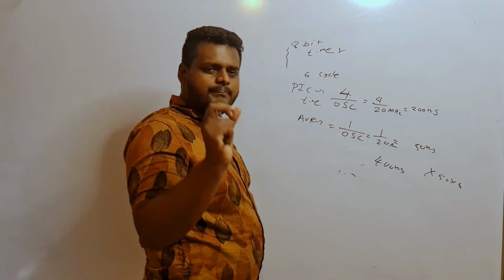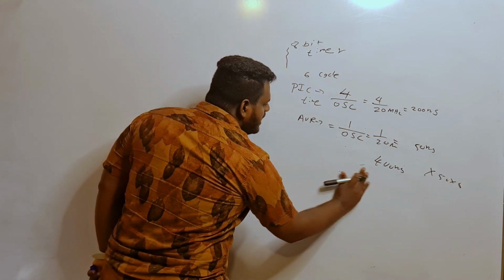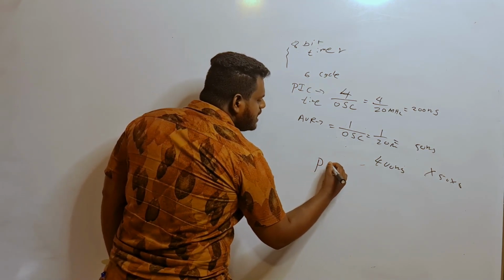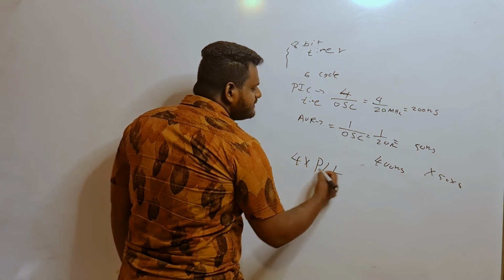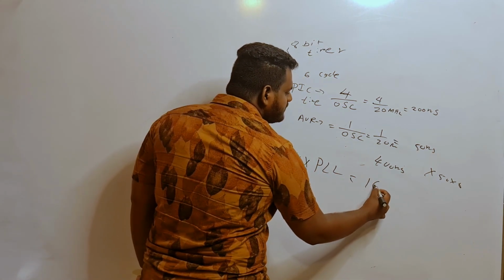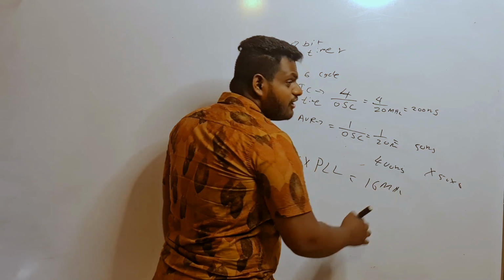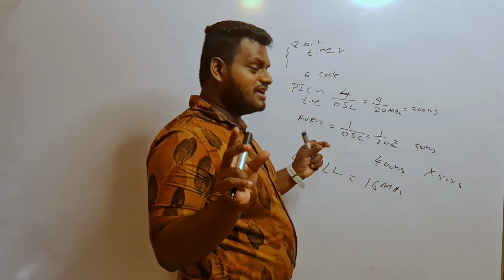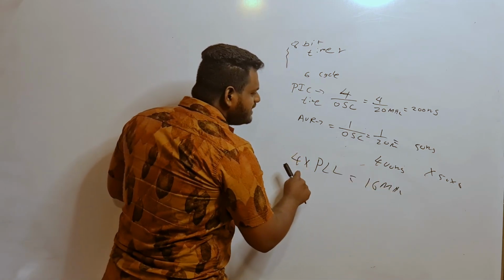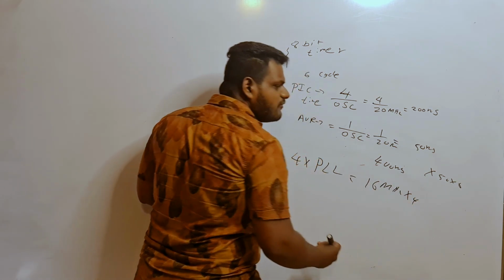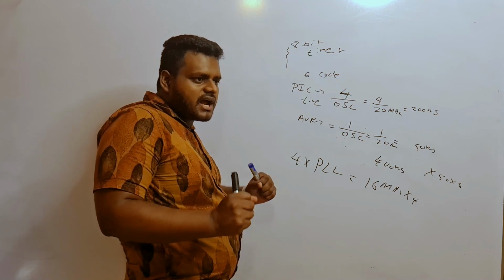In simple AVR microcontrollers, there is a method we call phase lock loop, PLL. So 4 times PLL is available there. If you take a 16 megahertz crystal, because Arduinos use 16 megahertz crystals, they get 4 times higher speed.